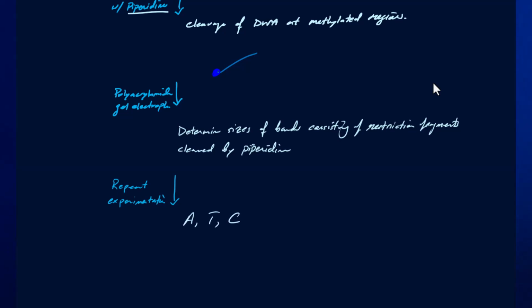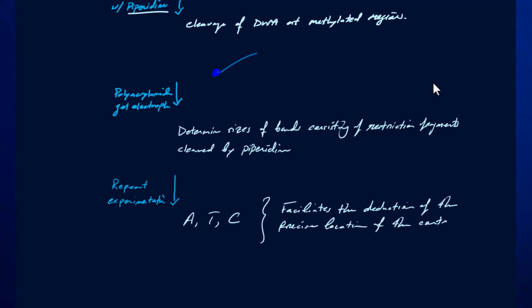And that way we can deduce the precise position of the control sequence. So this facilitates the deduction of the precise location of the control sequence. And this concludes this discussion on modification interference assays.